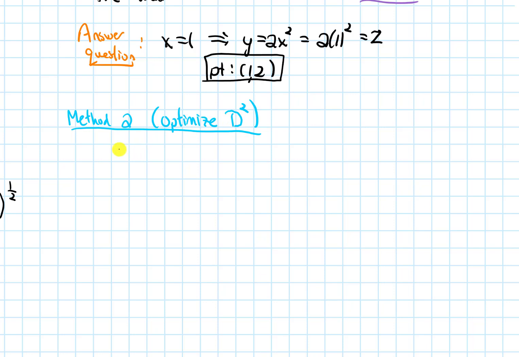Okay, so remember what d was. Our function for d was the square root of 4x to the 4 minus 16x plus 64 plus 1 over 16.